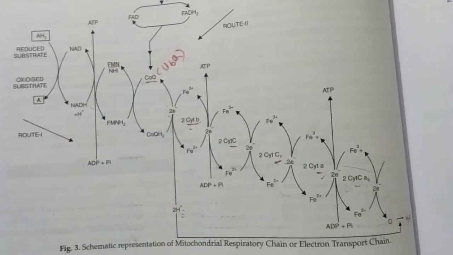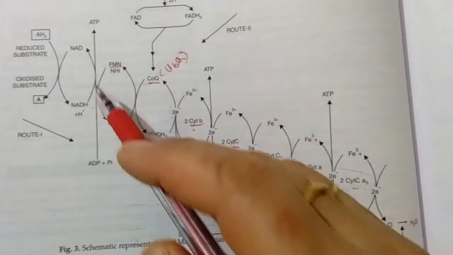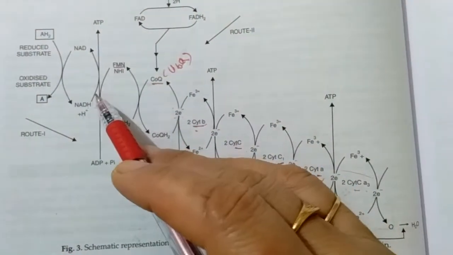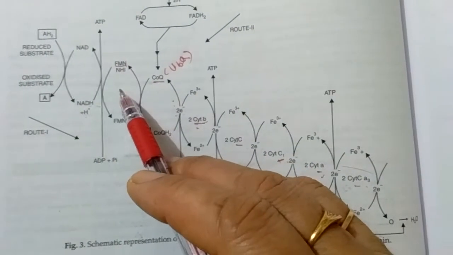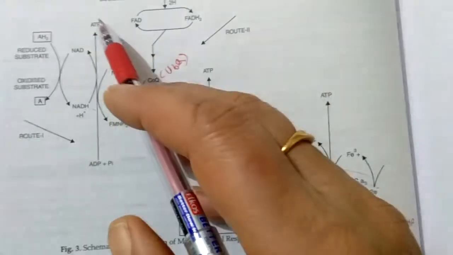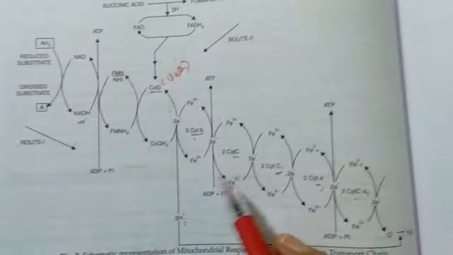Once this NADH2 has oxidized to NAD and was passing its electron to coenzyme Q through the FMN, at this time the synthesis of ATP has taken place.